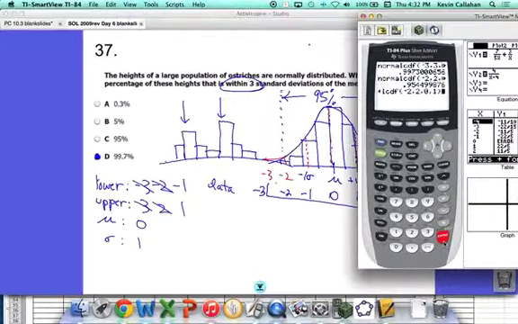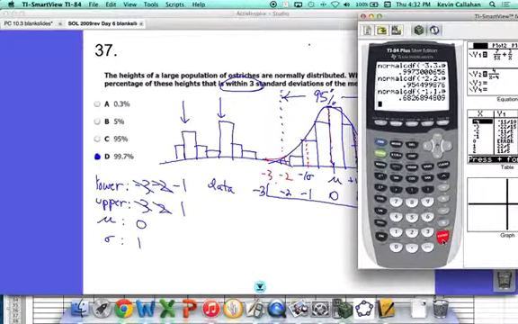Second, enter. You can enter it yourself. -1 and 1. So the percent of the data which is in between is 0.68, which is 68%.